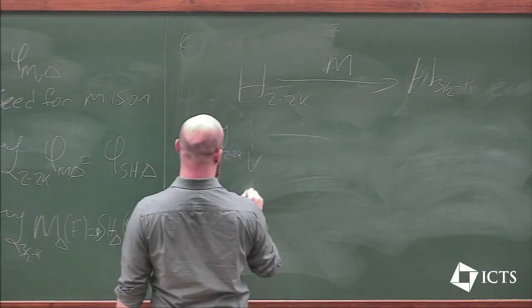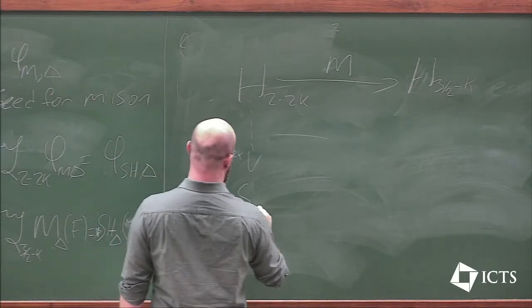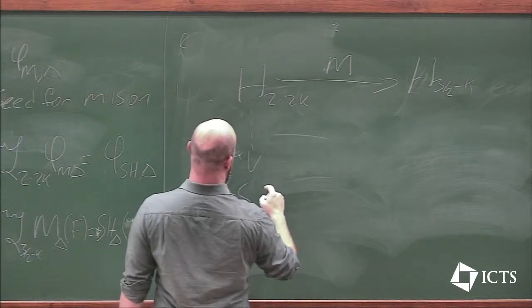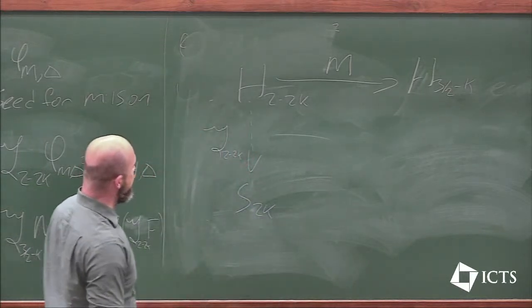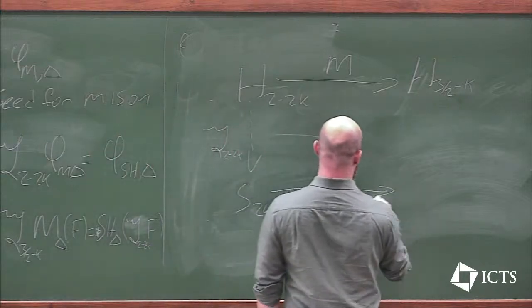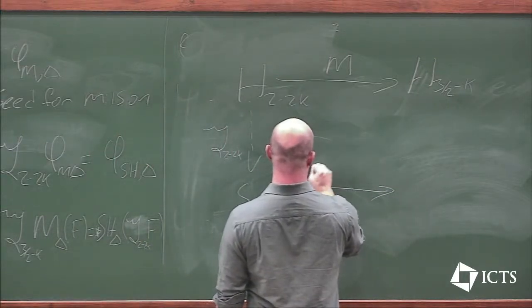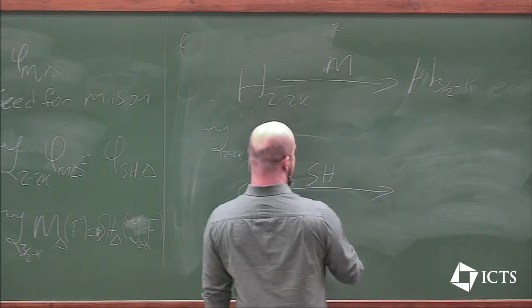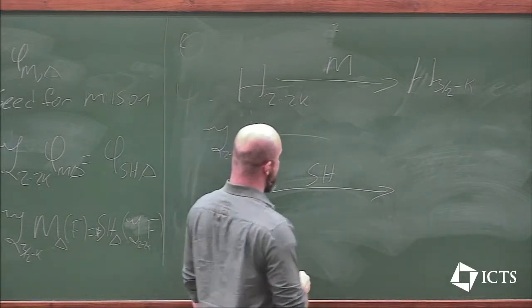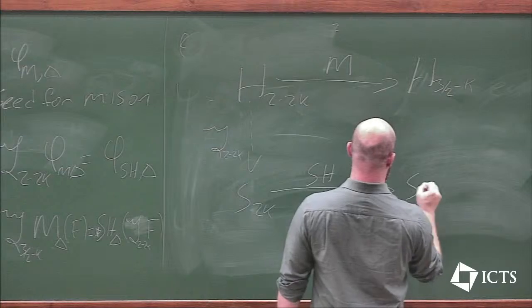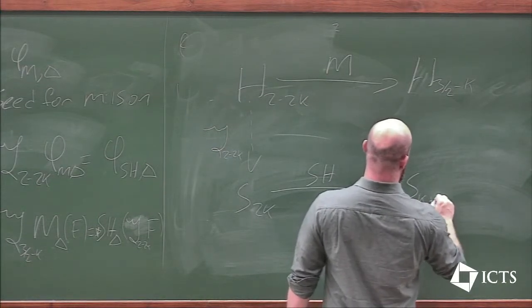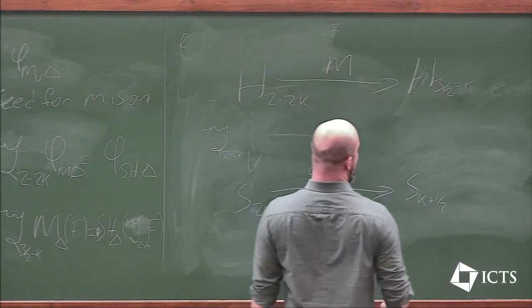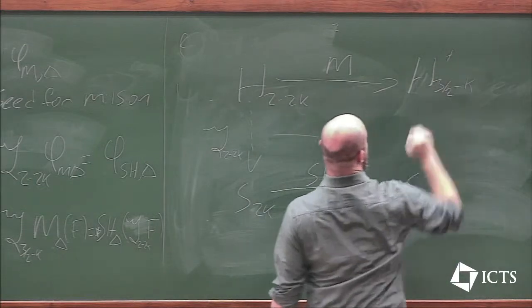And this is going to go down, of course, to our cusp forms of weight 2 minus that, so weight 2k. This moves over here using the Shintani map, Shimura correspondence, and this is going to map over here to S of k plus 1/2, in the plus space. Those are both plus spaces.